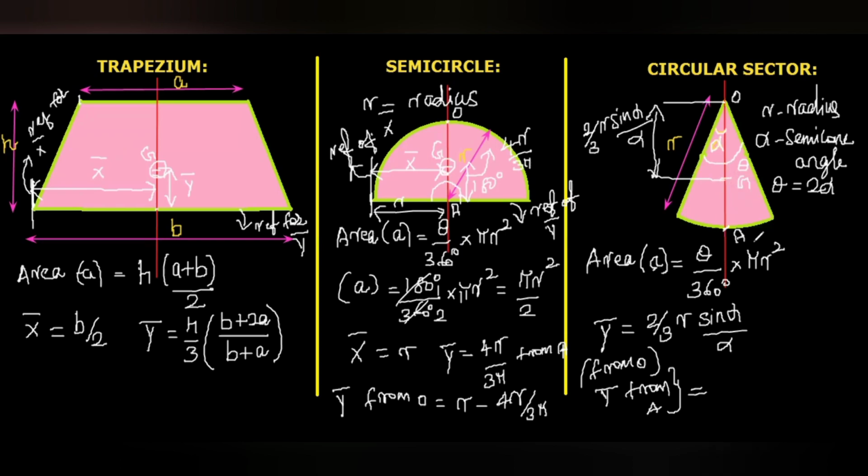So the total value is also the radius, so radius minus this entire value, 2 by 3 r sine alpha divided by alpha. So we calculated trapezium, semicircle, and circular sector.